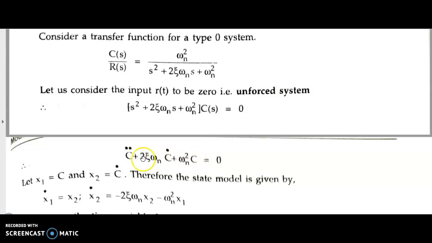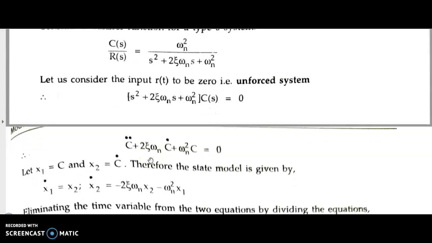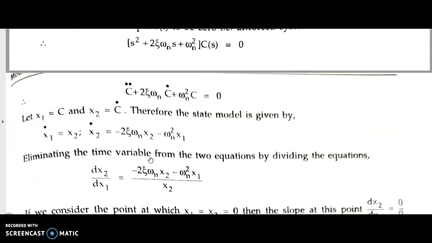So from this equation write x2 dot. What is x1 dot? x1 dot is equal to x2, and x2 dot is obtained from the given equation, where the highest degree is n equal to 2. You know that, already studied in the first module. So x1 dot and x2 dot are there. You know the procedure: dx2 by dx1 is equal to this equation, right?